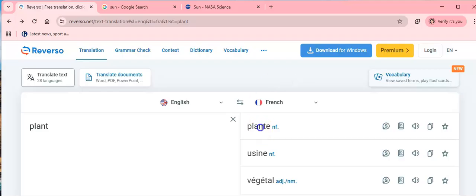Plante would be the French translation, and it's a nom féminin. Plante is a nom féminin. It's a feminine noun. So it would be la plante or une plante. Remember, I'm distinguishing between definite and indefinite articles, specific and non-specific.